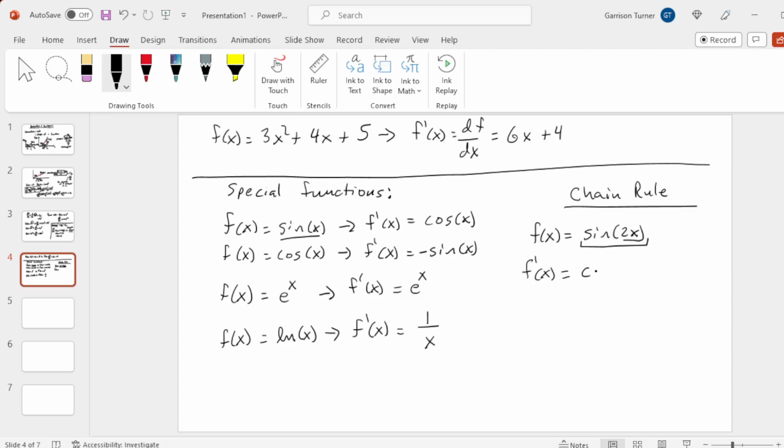So the first step is that this is going to be the cosine of 2x. I've left the argument alone. And then I take the derivative inside, which is 2, and I multiply the two together. So this is 2 times the cosine of 2x. Okay, so the derivative of sine 2x is 2 times cosine 2x.